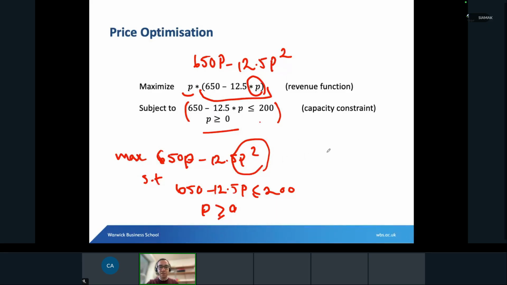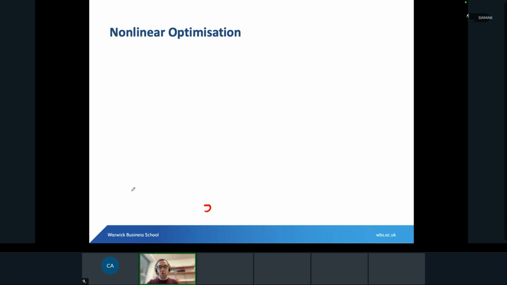Remember that the linear function is ax plus by plus c, where a, b, and c are constants, and x and y are our unknowns. Here you can see that the unknown is multiplied by itself, which makes the problem non-linear.